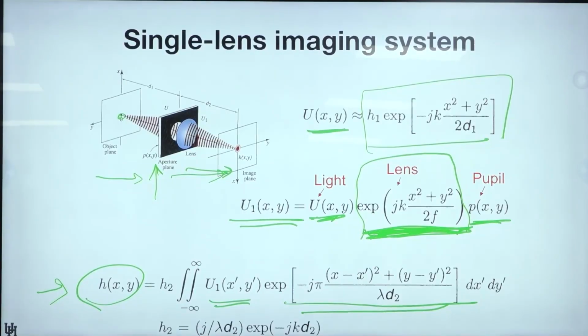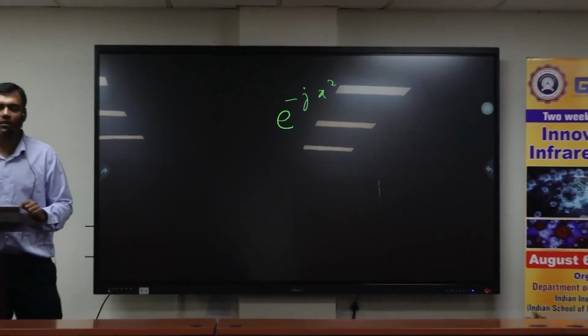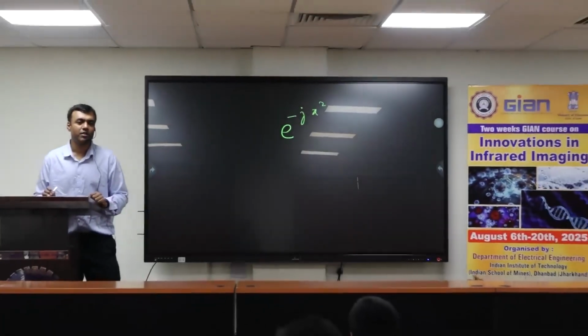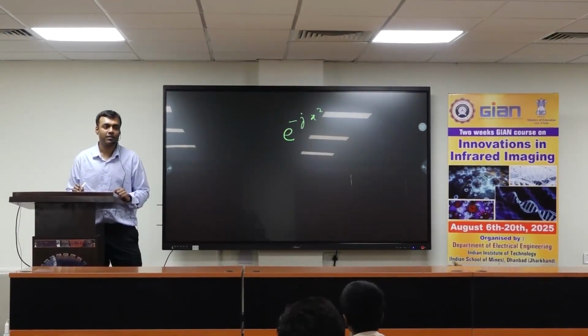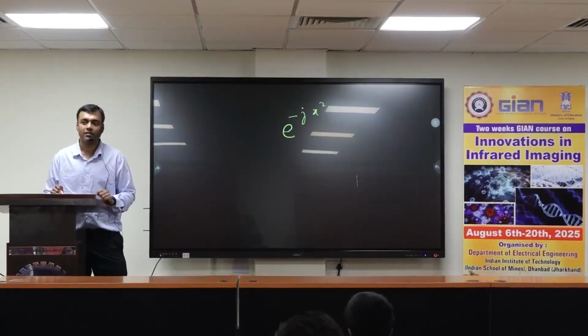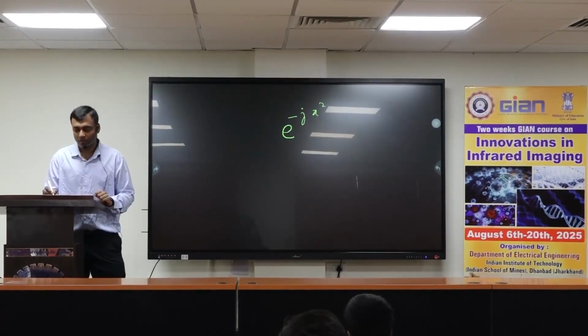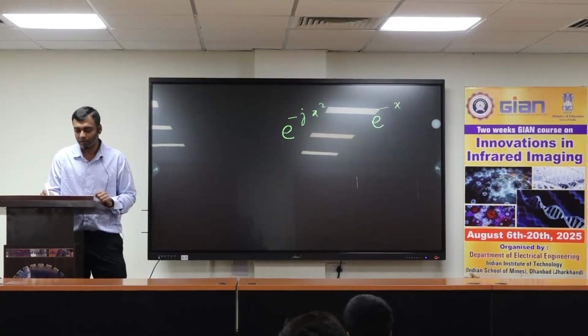A mathematical aside: what is e to the j x square? What does this remind you of? Maybe start with something simpler. E to the minus x square.